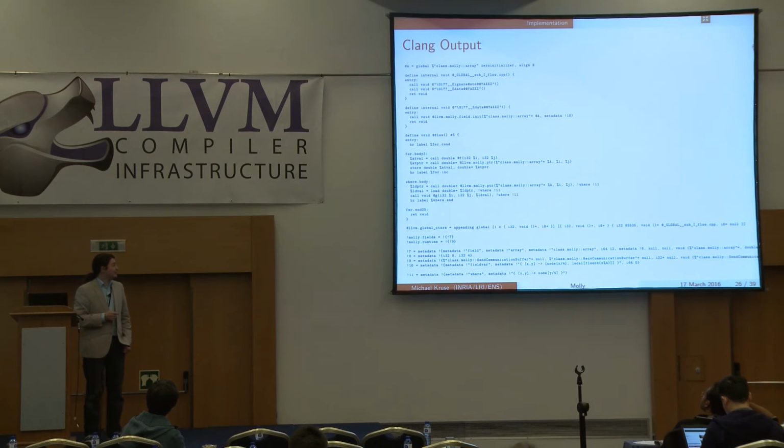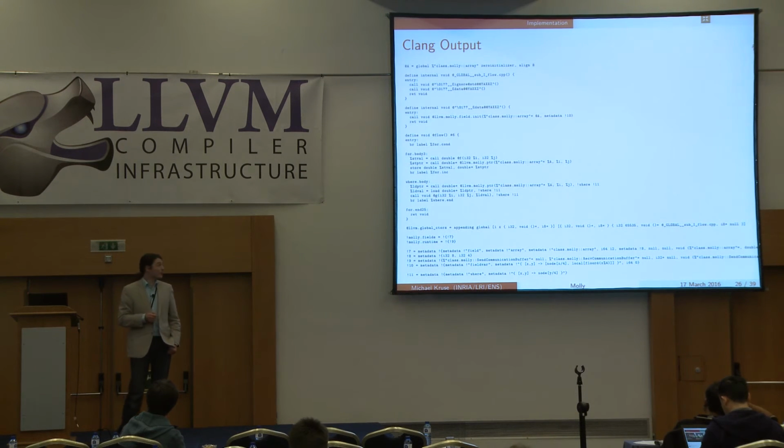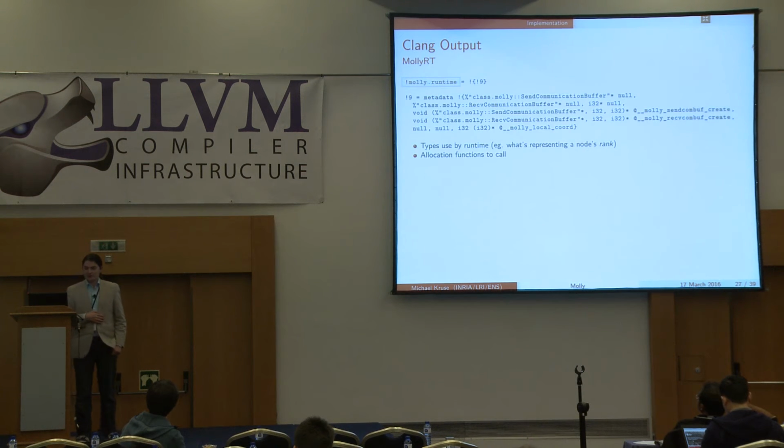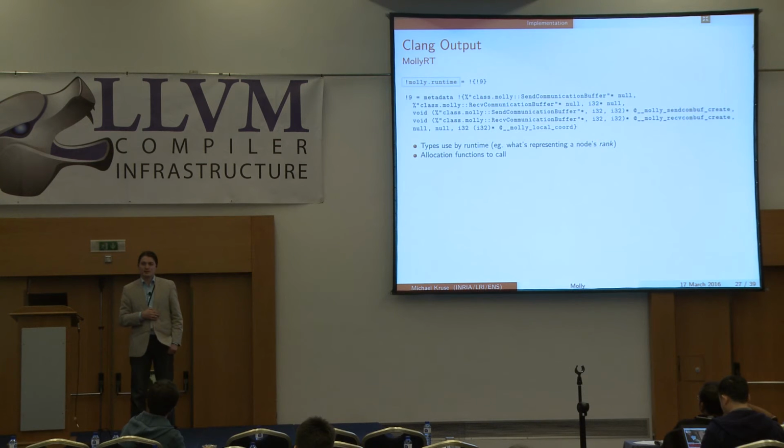So the actual output that Clang passes to LLVM looks like this. This is already sanitized, so it's a bit small, so I'll go through all of it individually. First, we have some information about the runtime. Arguably whether it's necessary, but depending on what backend is used, I have a different representation of what a node coordinate is.